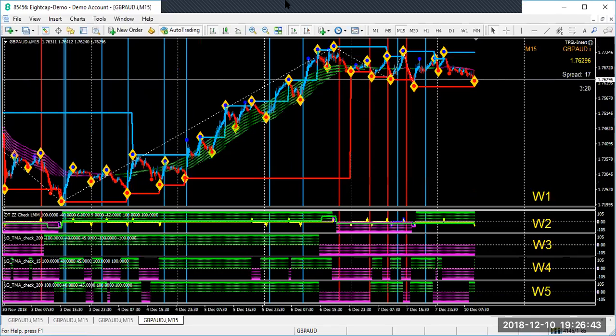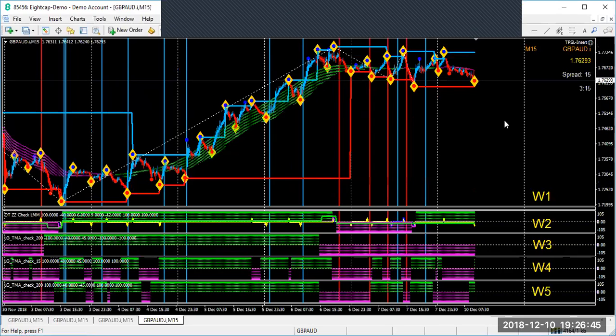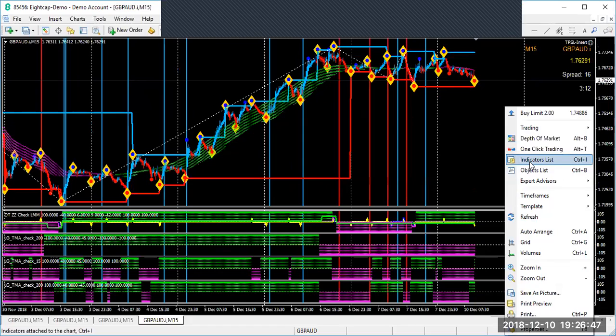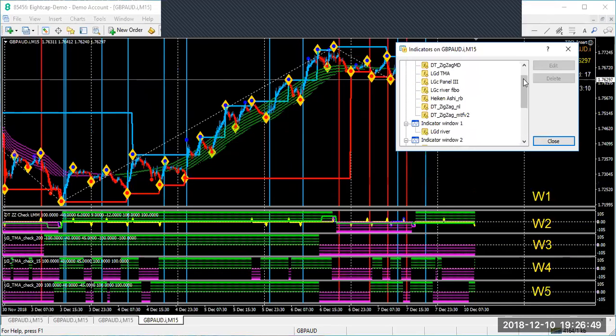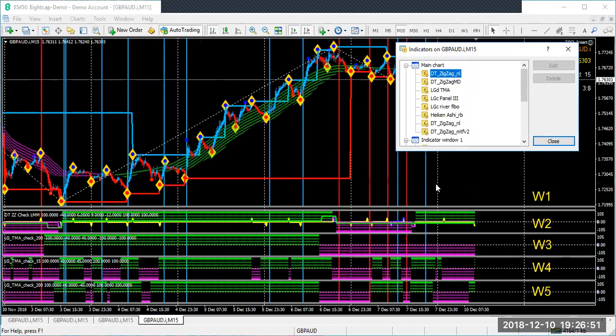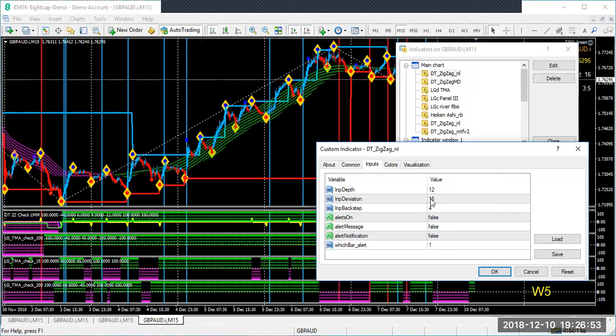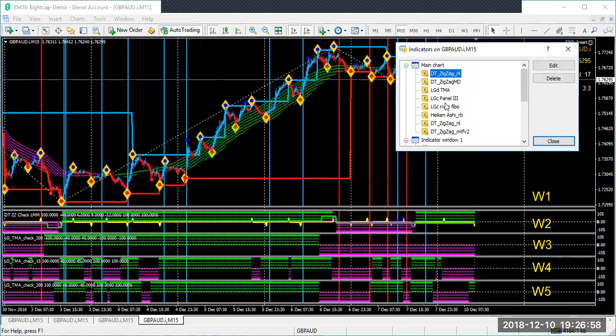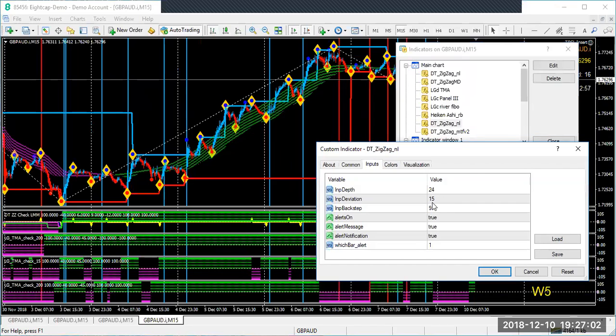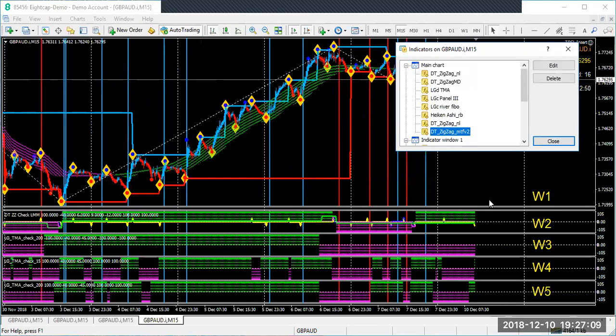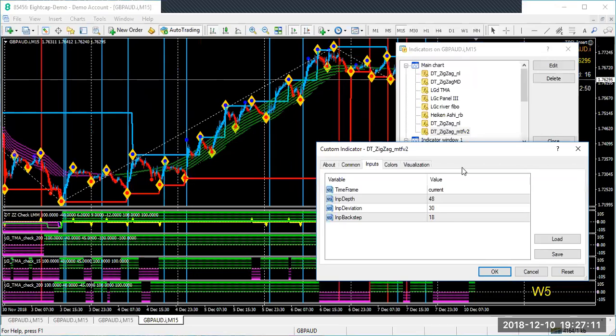And once again, just to show you, you remember the setting I did for that last chart? There it is. And then there's one for the 24. And then this one is the one that draws the line to when it gets to the 48 threshold.